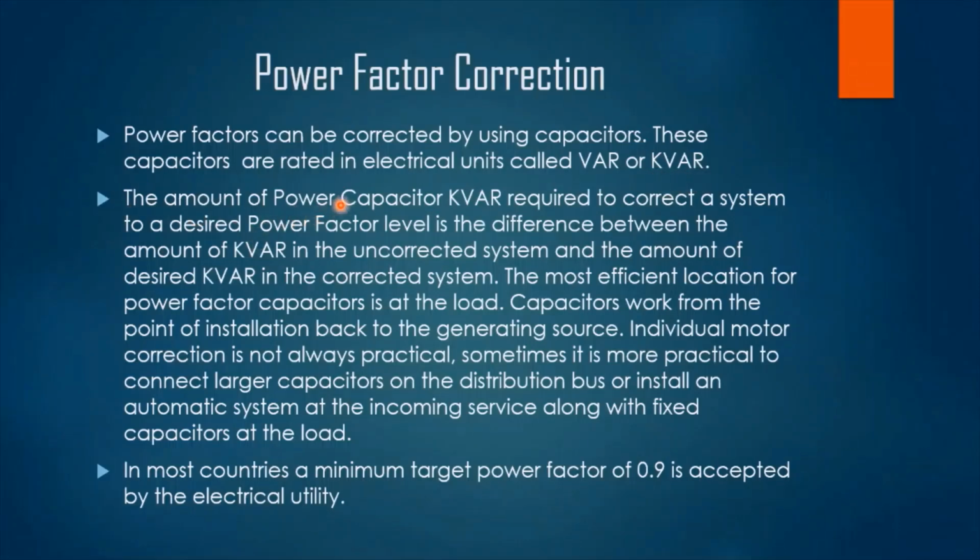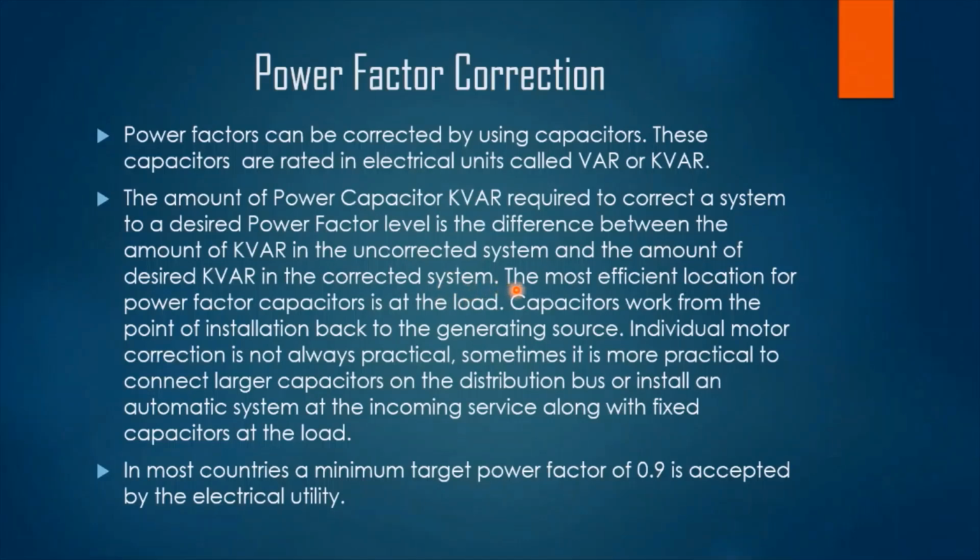The amount of power capacitor required to correct a system to a desired power factor level is the difference between the amount of reactive power in the uncorrected system and the amount of the desired reactive power in the corrected system. We will understand this as a formula when we solve the example of selecting a suitable capacitor.